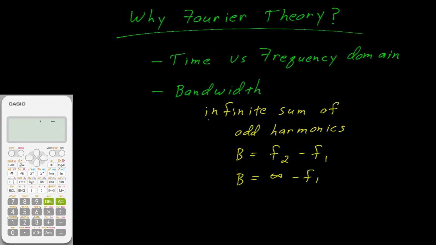If square waves are truly an infinite sum, that means the highest frequency is actually infinity, which means the bandwidth is going to be infinity for a square wave. Well, that's a problem because there's not that much room in the electromagnetic spectrum. So we're going to have to find some ways of filtering those square waves.